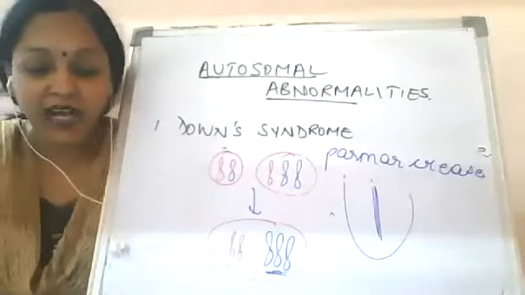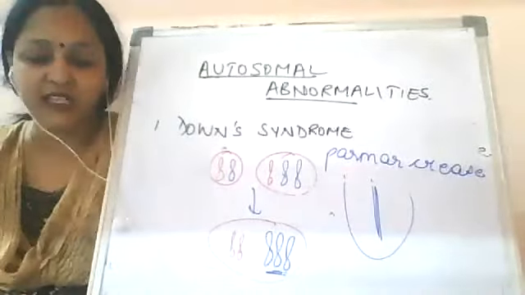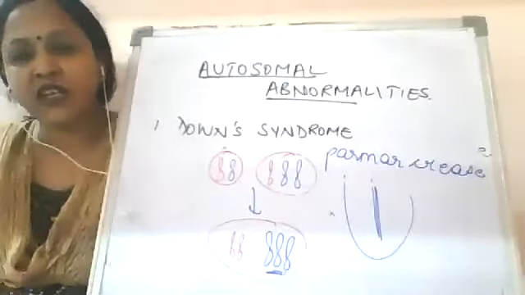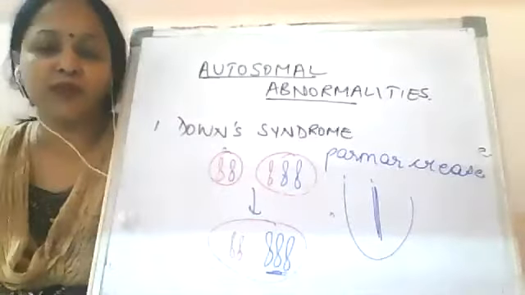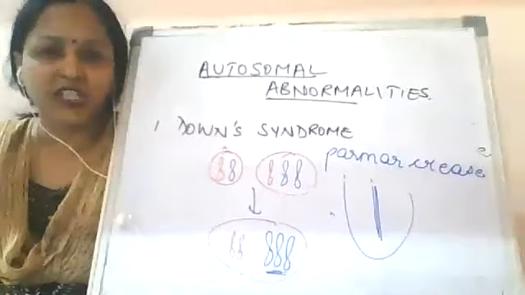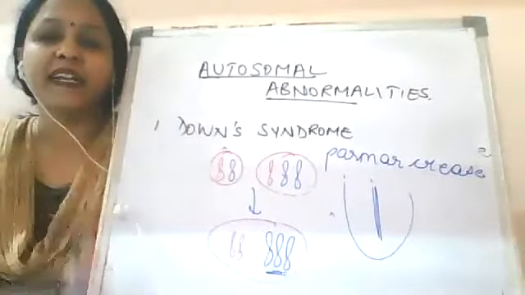They have Mongolian type eyelids, small eyelids like those of Chinese and Japanese people. Now these are all physical features. What is the problem? Even if a person suffering from Down syndrome has slight changes in physical features, the main problem is that they lack intelligence.